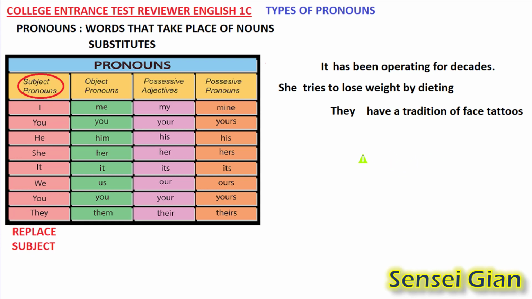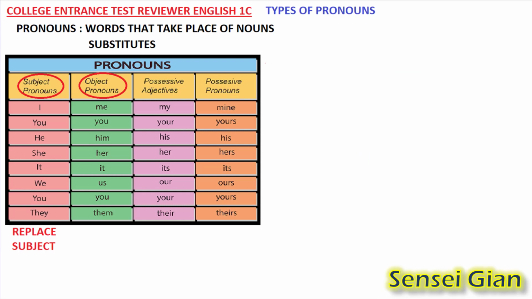Now let's go to object pronouns. Object pronouns replace the object. But what is the object all about? You can actually consider the object as your target. What do I mean by the target?